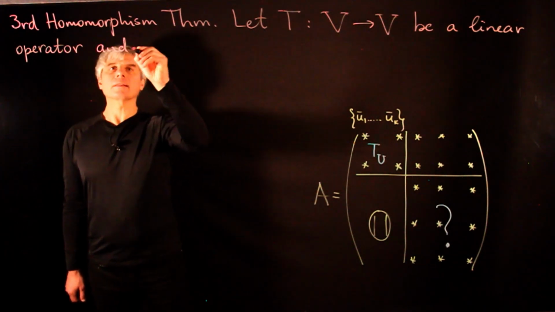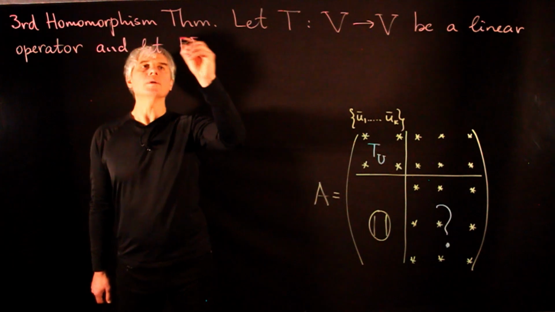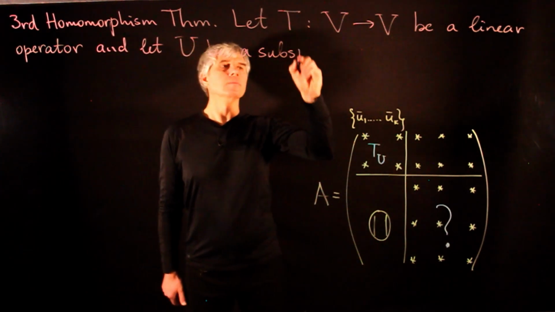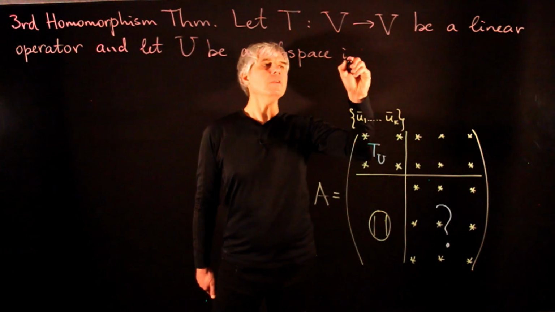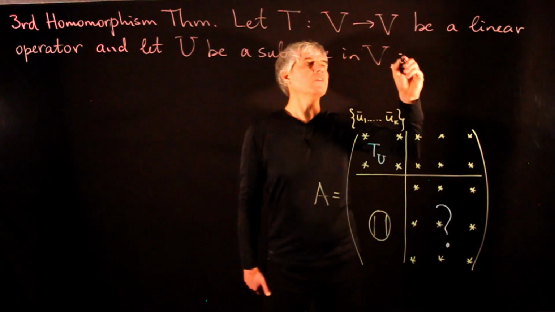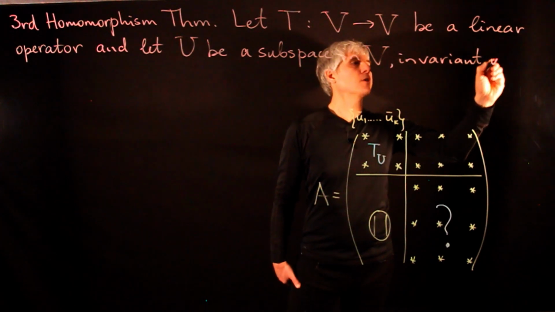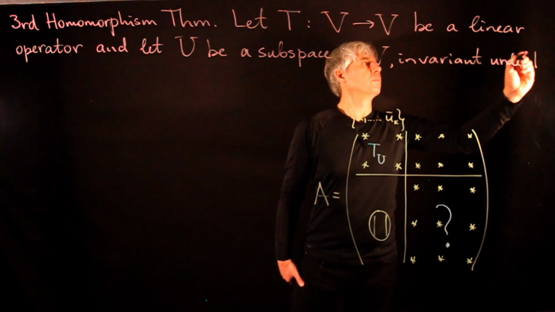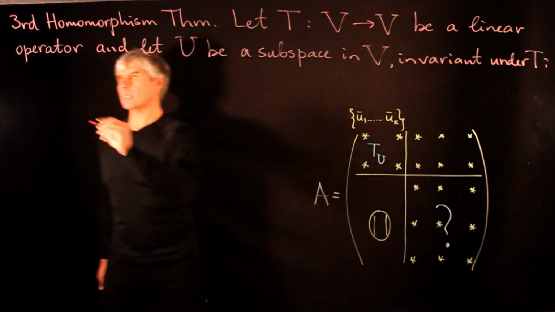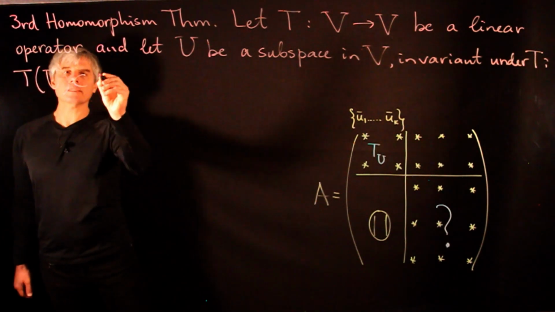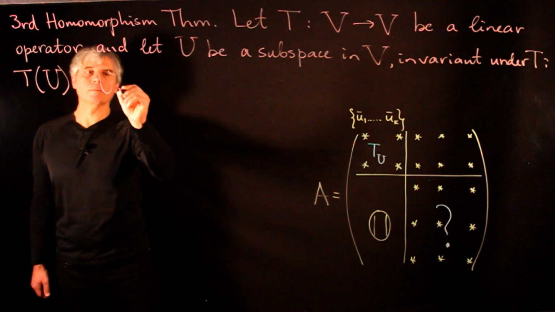And let U be a subspace in V invariant under T. So this means that T applied to any vector in U has a result in U.